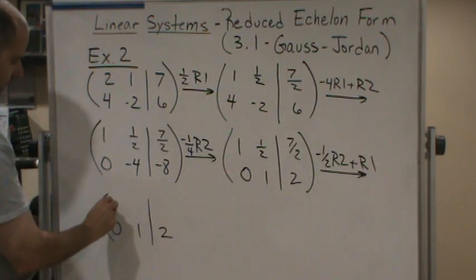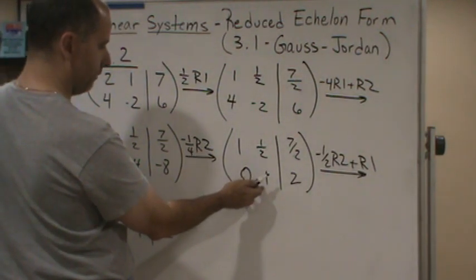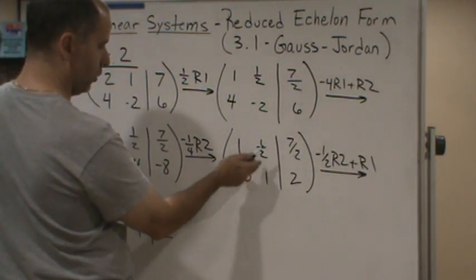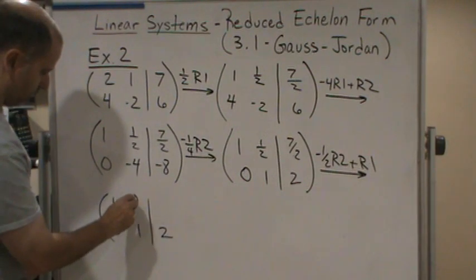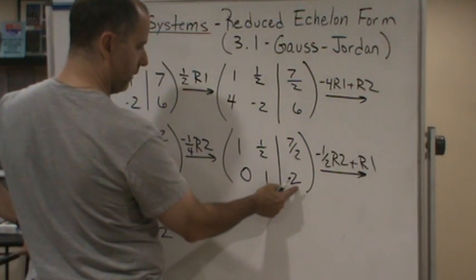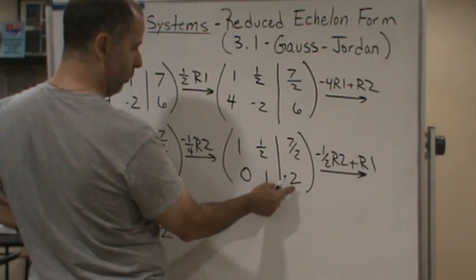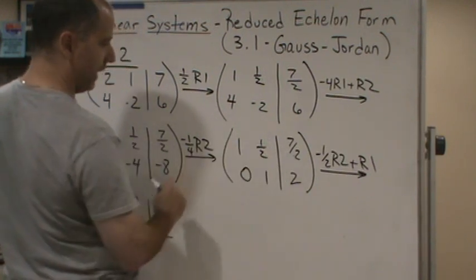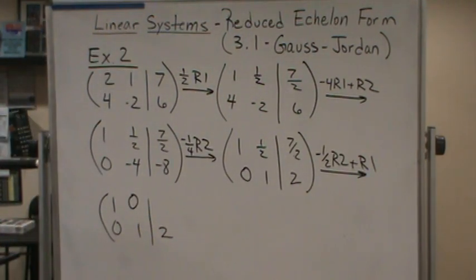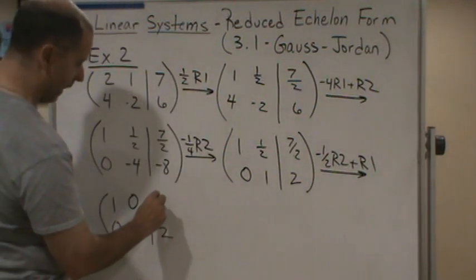So if I do -1/2 times row 2 plus this, that's going to give me 0. And now -1 plus 7/2, which is what? That's just 3.5. So 3.5 minus 1, so that's 2 halves. So that's going to be 5 halves.